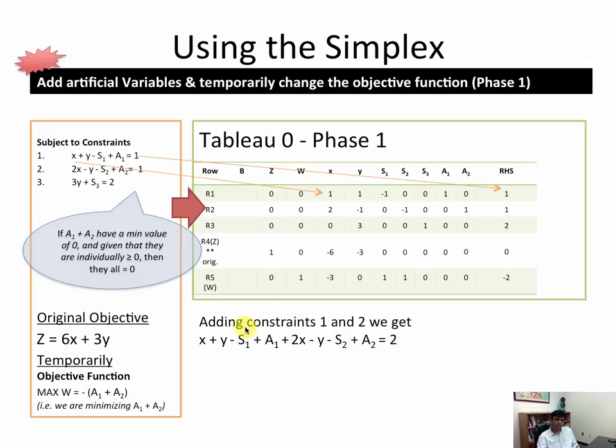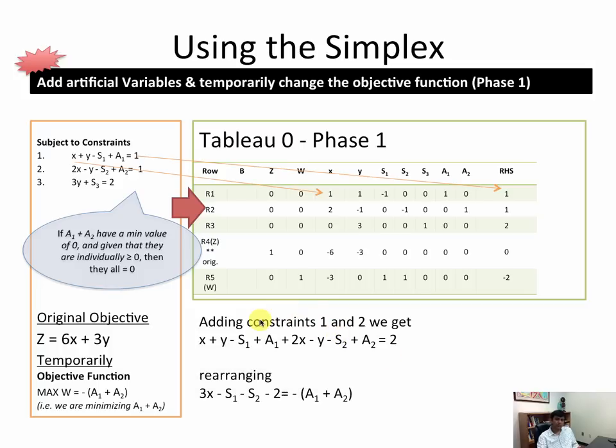We'll simply take the sum of constraints 1 and 2, and we get x + y − s1 + a1 = 1, and if we sum 2x − y − s2 + a2 = 1, the right hand side sum becomes 2, and the left hand side becomes x + y − s1 + a1 + 2x − y − s2 + a2.